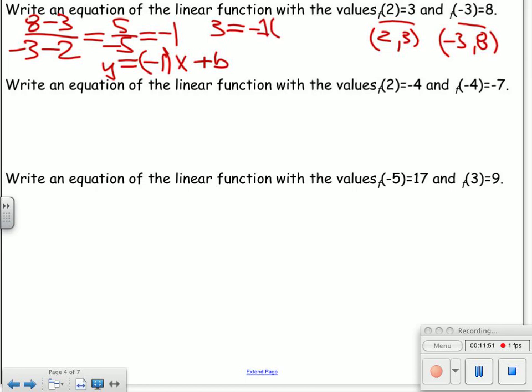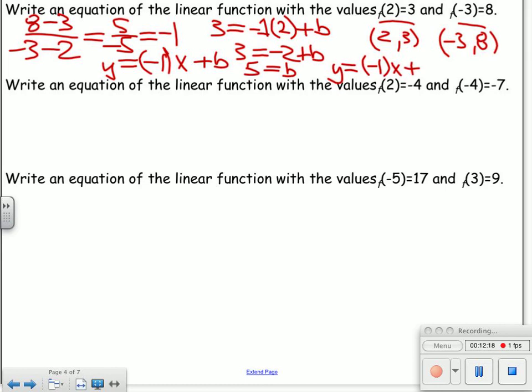So I substitute in 3 for the y is equal to -1 times 2. So I'm just substituting in that point, plus b. So it's 3 is equal to -2 plus b. And then b is going to be equal to 5.